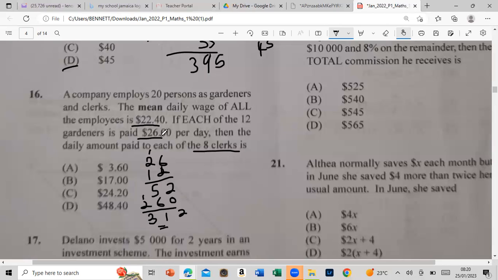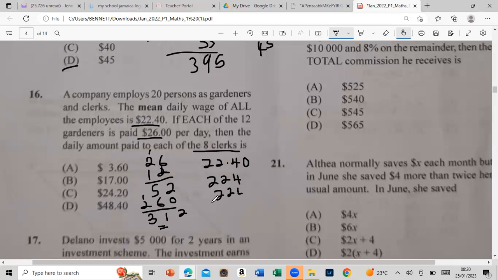Now in order for it to be the mean, the aggregate would be 22.4 times 20. So I'm going to multiply by 10 first, and then double it. So it's 224, and this is 448, right?